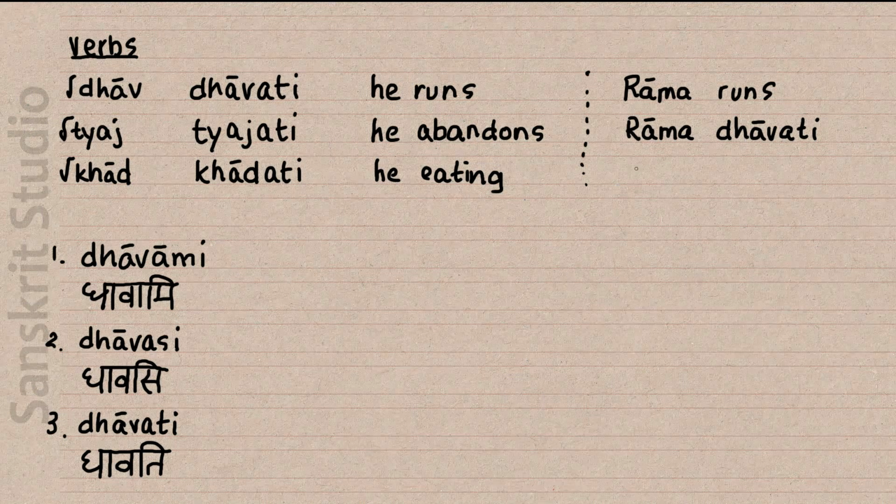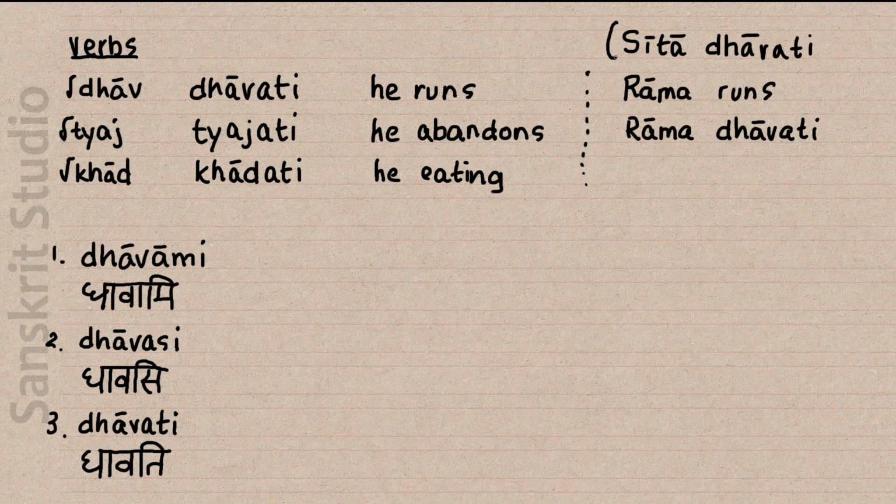Similarly, let's say we have a girl's name here, and we do the same thing, we would use the same verb here, dhāvati, right? But now we understand the verb to be female.